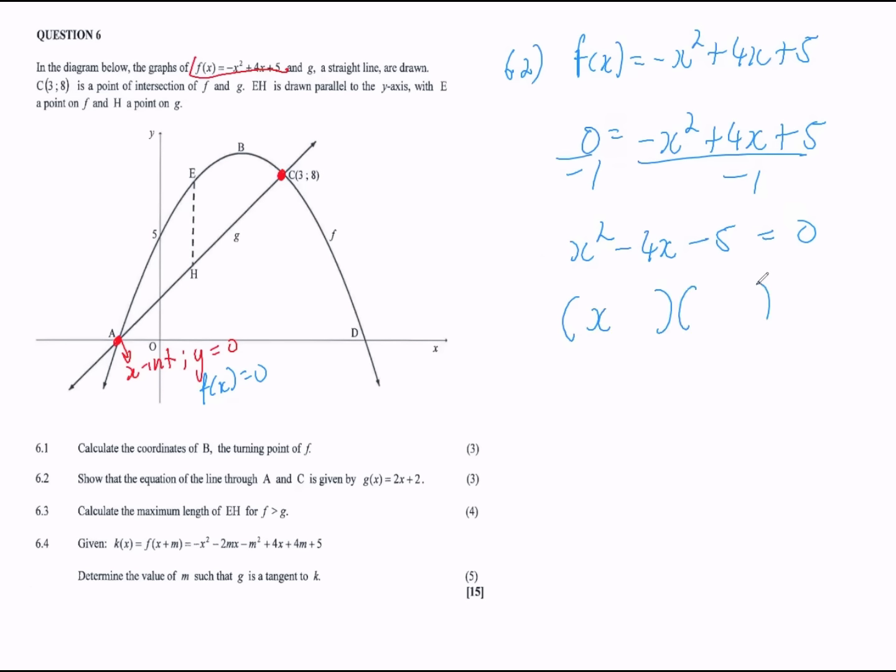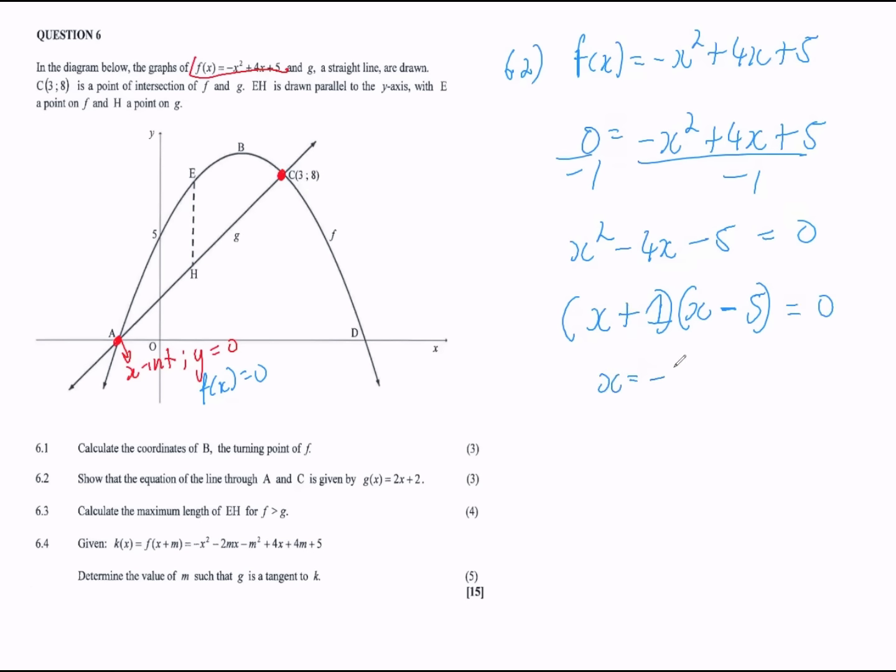Then at this point, what do we do? We can factorize here. Factors of 5, we know it's only 1 and 5. So let's put 1 here, let's put 5 there. But based on this, we know that the one that should have a negative is the bigger one, right? Because it's the sign of the middle term. So negative here and then positive is equal to 0.